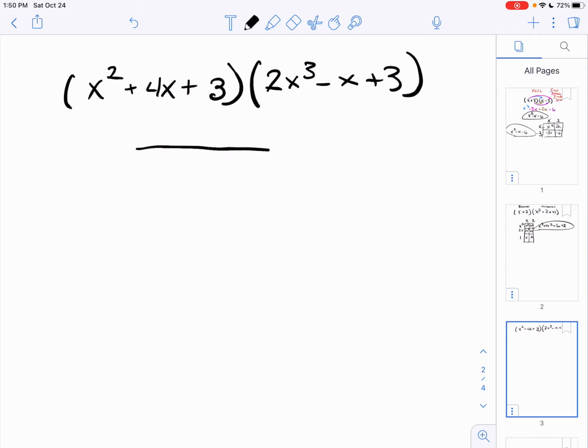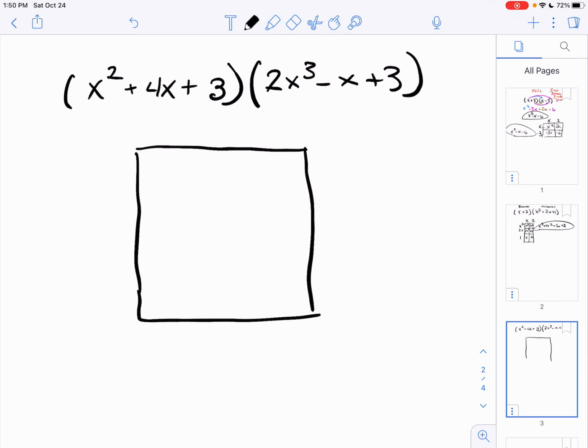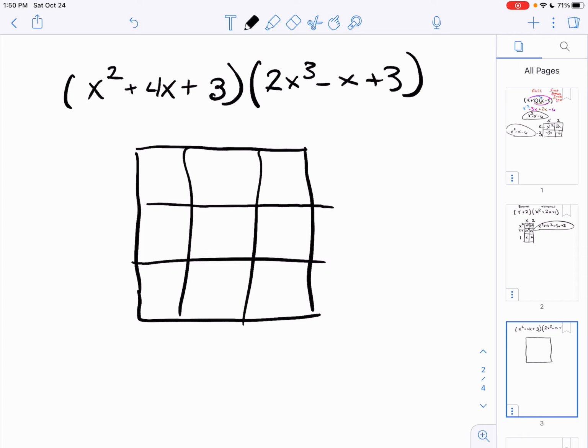This time we're going to make a 3 by 3 box. And the reason for that is because we have 3 terms in each. We have 2 trinomials. 2x to the third minus x, and then 3. So we're going to do the same thing we've been doing and multiply in the box.